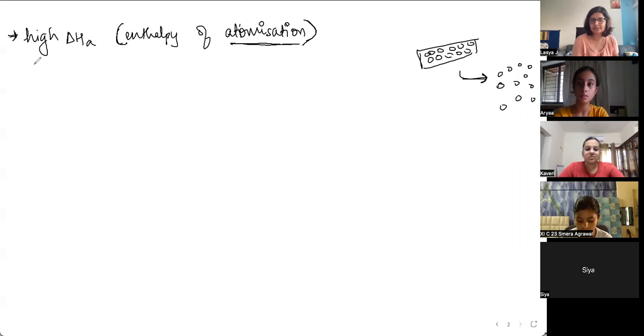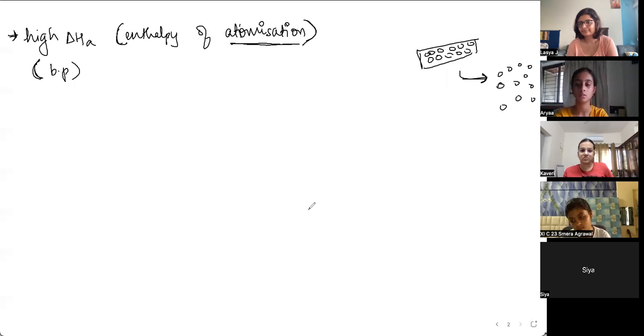So when we talk about enthalpy of atomization for elemental metals, we are basically talking about their boiling points, because when you make it atomic, you're converting it into gaseous form where the element exists as individual atoms.